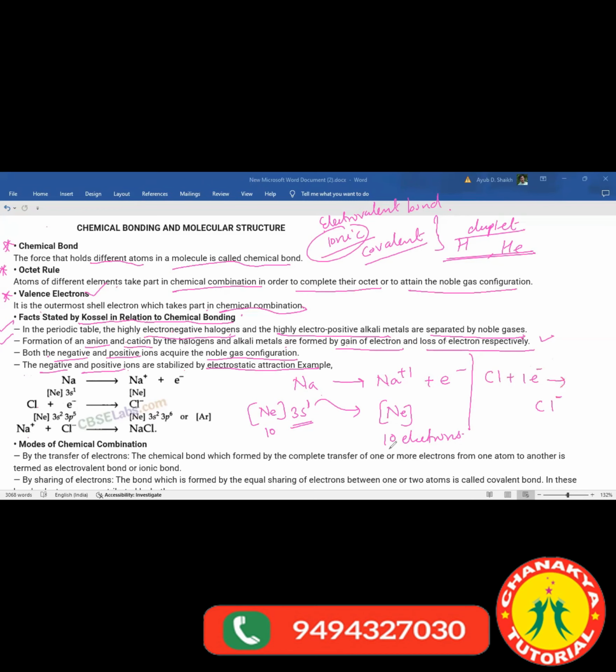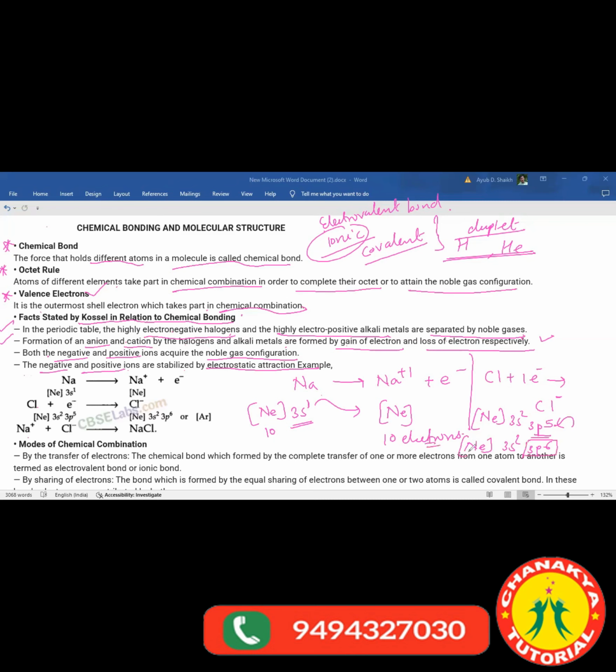The electronic configuration of Cl is Ne 3s2 3p5, and by gaining one electron in the p orbital it becomes Ne 3s2 3p6, which means the p orbital is completely filled.